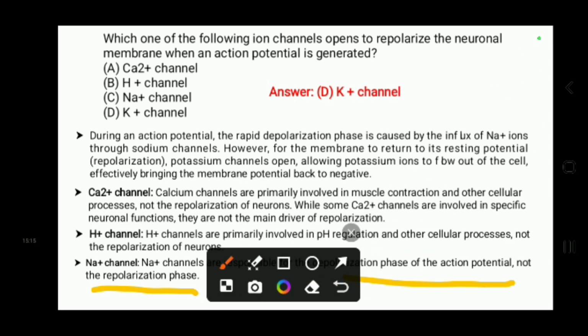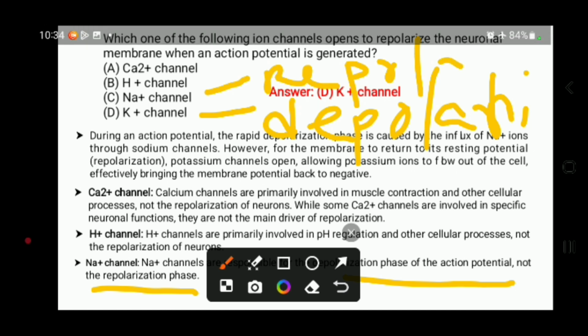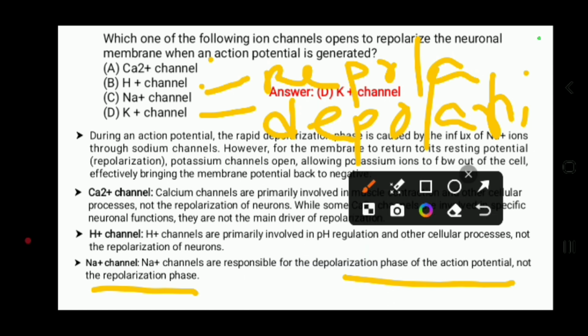K+ channels are involved in repolarization. Ca2+ channels are primarily involved in muscle contraction, and the H+ channels are involved in pH regulation.